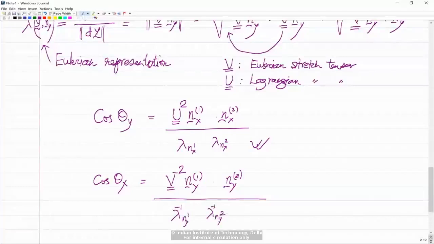So you can see that this formula is Eulerian. And again, it is V inverse square which is coming up. Instead of U square, what you have is V inverse square. All right.